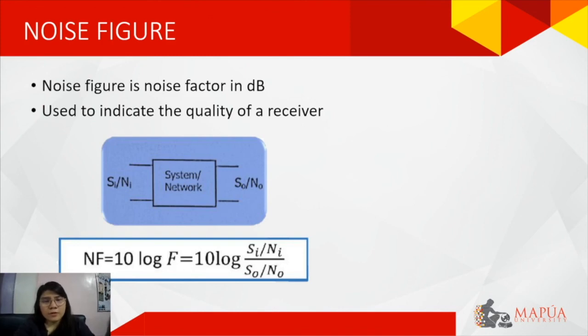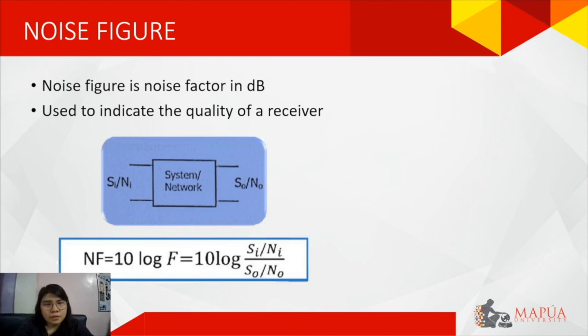Noise figure is defined as a ratio of the signal to noise power supplied to the input terminals of a receiver or amplifier to the signal to noise power at the output or load resistor.